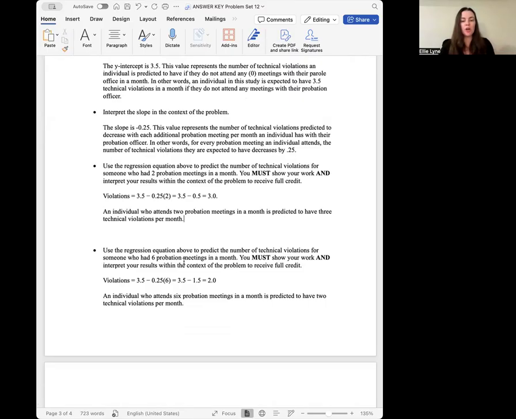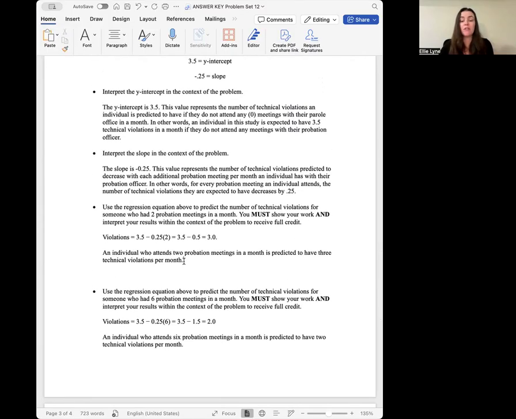Use the regression equation above to predict the number of technical violations for someone who had 6 probation meetings in a month. Show your work and interpret your results within the context of the problem to receive full credit. Here, again, we have 6 probation meetings, so I'm just going to plug in a value of 6 for my independent variable here. If I multiply 0.25 for my slope by 6, I get a value of 1.5.